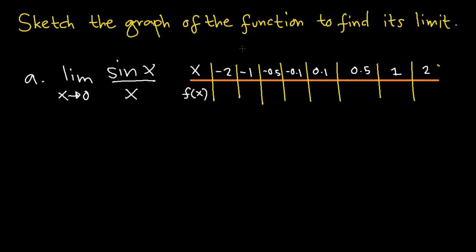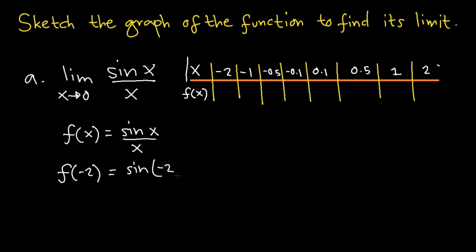So ang next nimo buhaton is i-input nimo ang imong chosen values sa x sa function. So imong function is sine x over x. So f of x is equals to sine x over x. So evaluate nimo first is negative 2. F of negative 2 is equals to sine of negative 2 over negative 2.